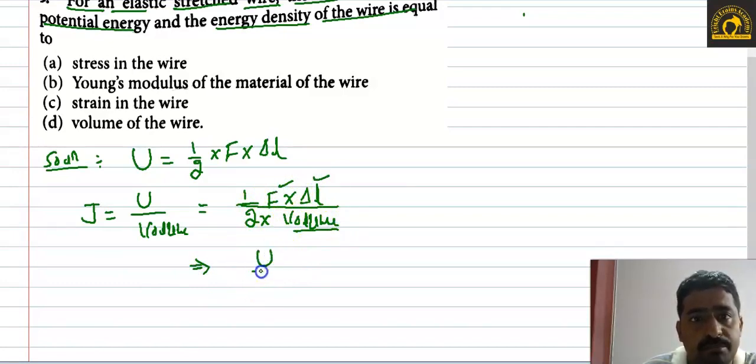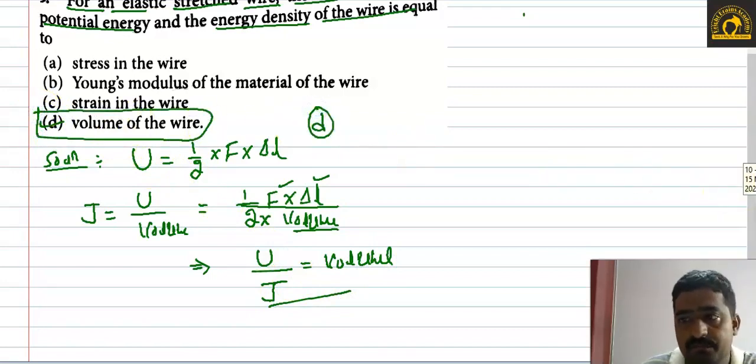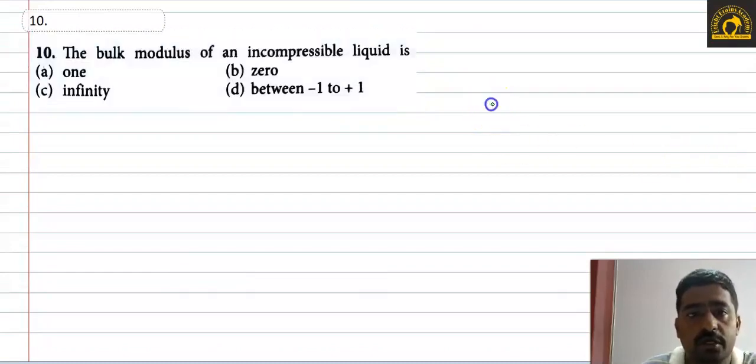Potential energy per energy density is equal to the volume of the wire, so D is the answer. Okay, now the 10th one.